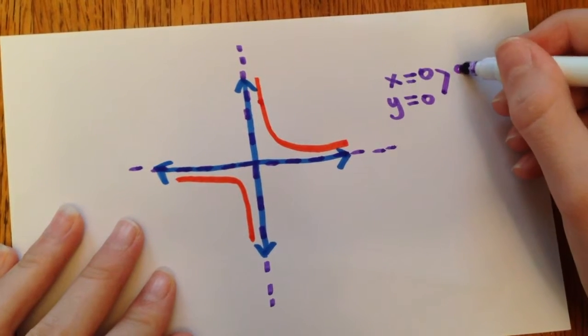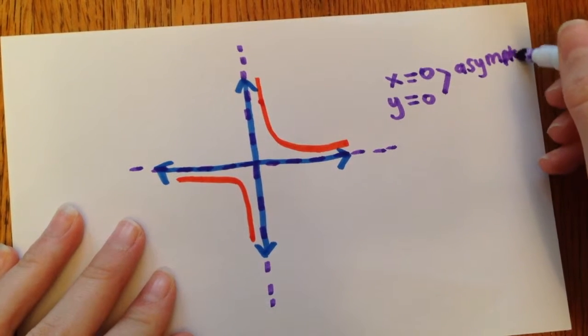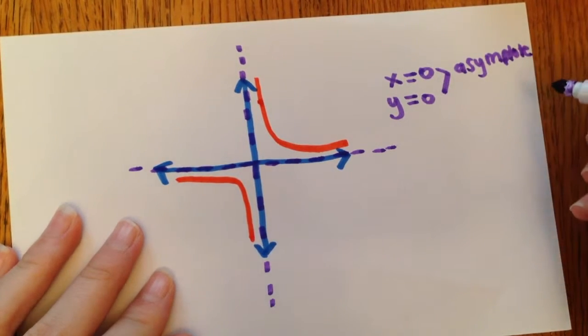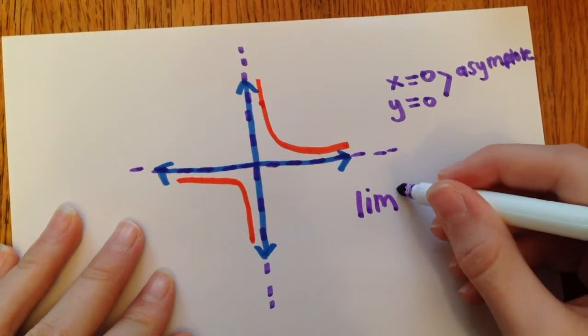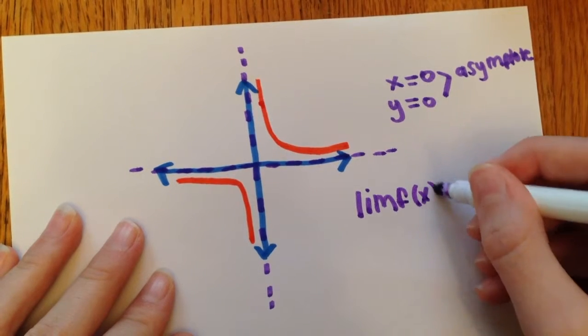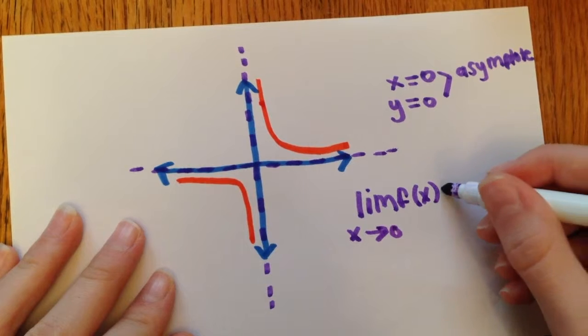And then here, on the x-axis, when it's getting closer to 0 on the x side, it's approaching infinity. So there's two asymptotes on both the x and the y-axis when it's 0.